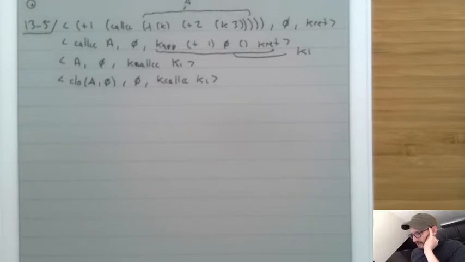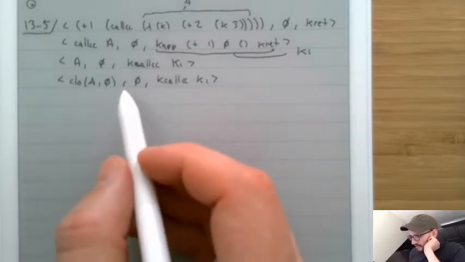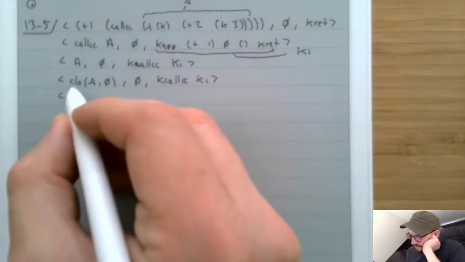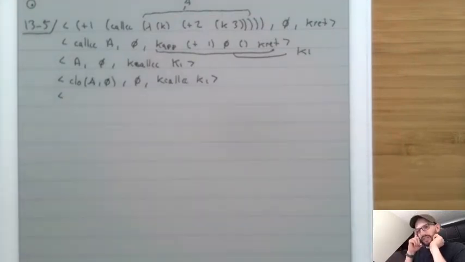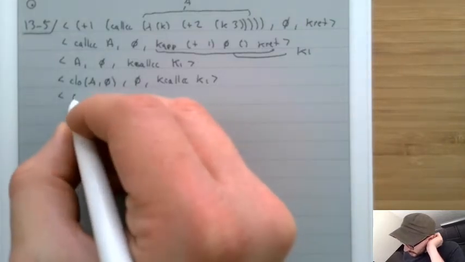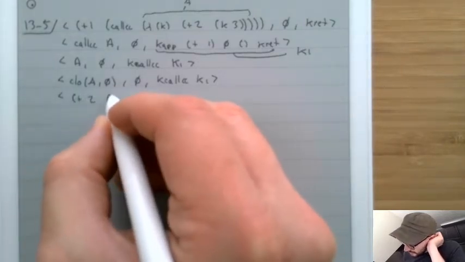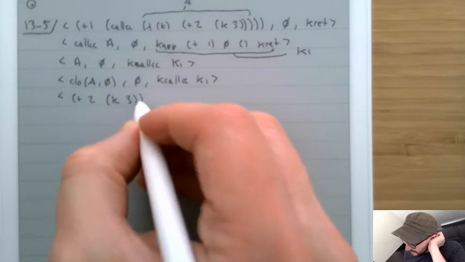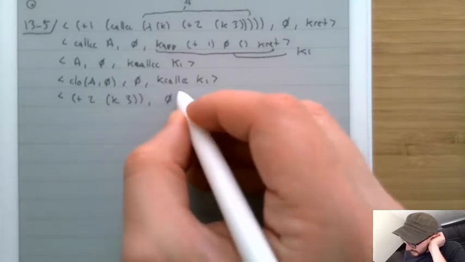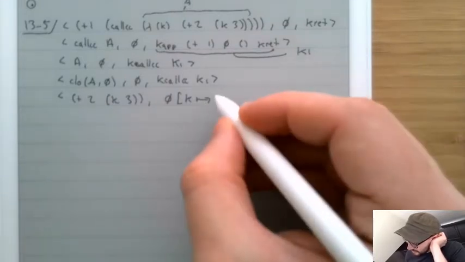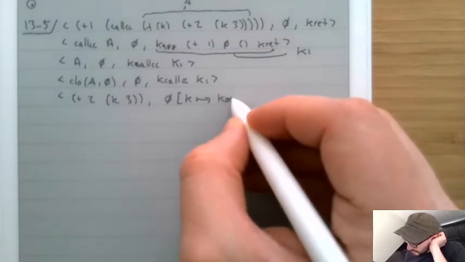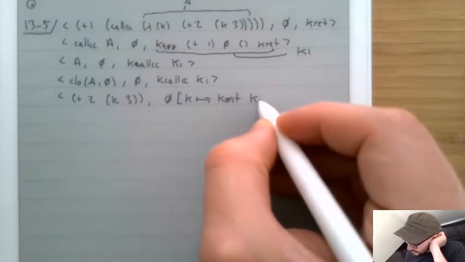All right, so what happens next? Then we're actually going to call that with a continuation object. And that call is going to result in the code +2 k3 running, where the environment says that k is bound to a continuation object that stores k1.